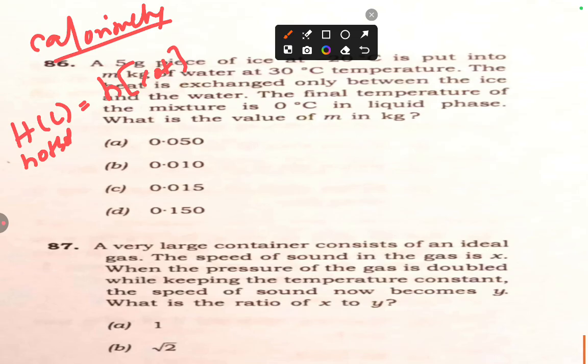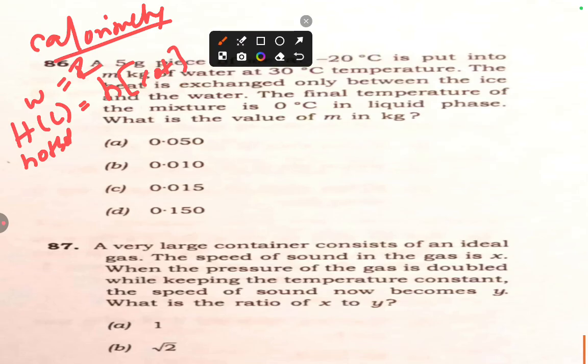So here the hot body is water, and the cold body is ice. Water loses heat, ice will gain heat, to reach the thermal equilibrium condition. First let us consider the formula Q equals m c delta T. As we understood here, this is for water if you take.